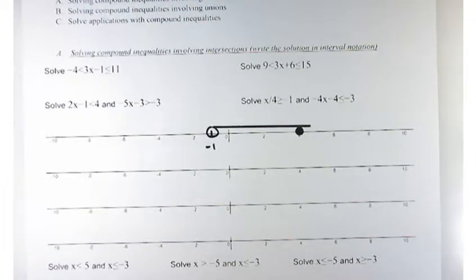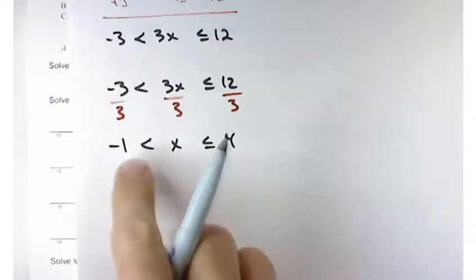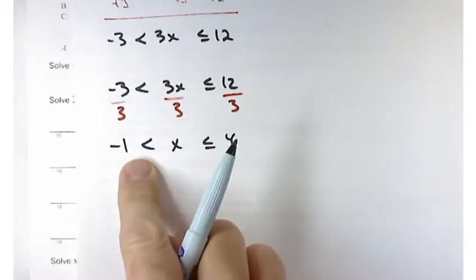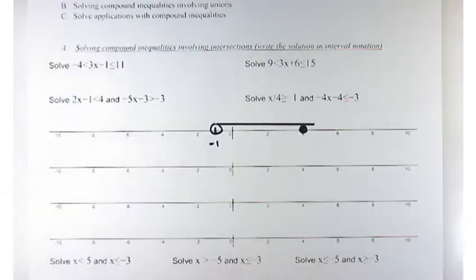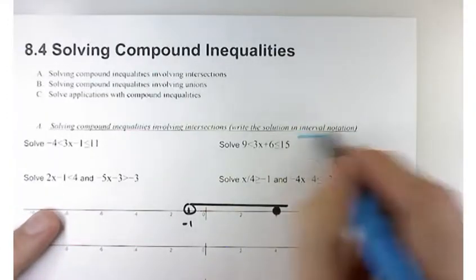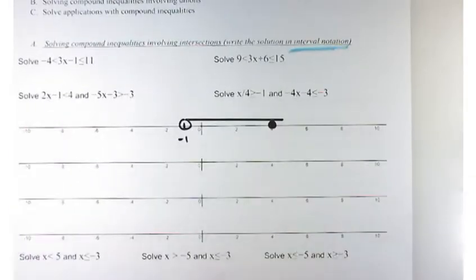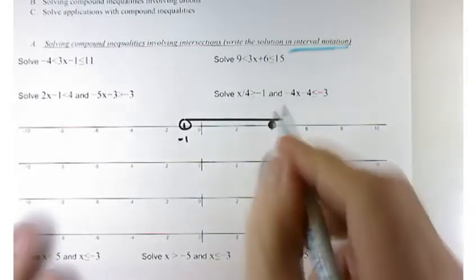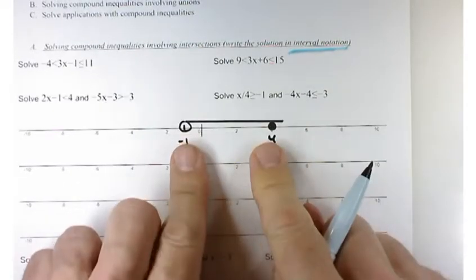Now what happened to me once when I was practicing this kind of stuff on the homework that you face is that I entered things the wrong way. I just solved it. I entered it like this. If you look carefully, what they're asking for in the problem set, they want you to solve things and answer in interval notation. So what would be the interval notation for this one?